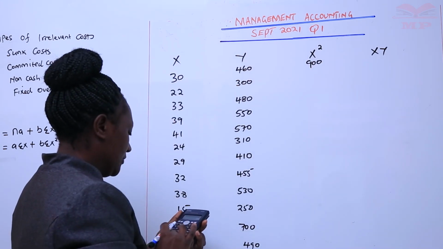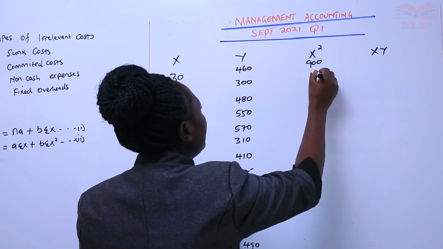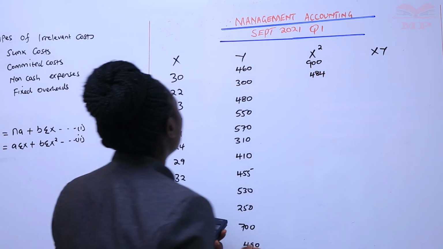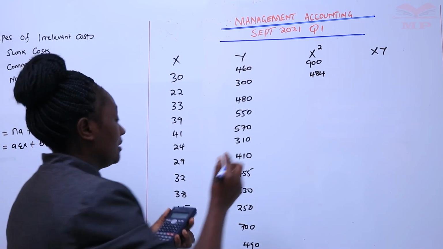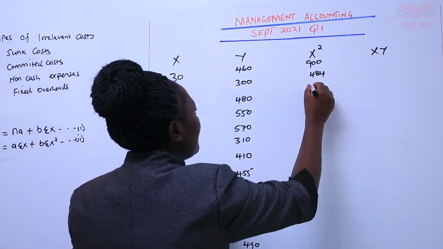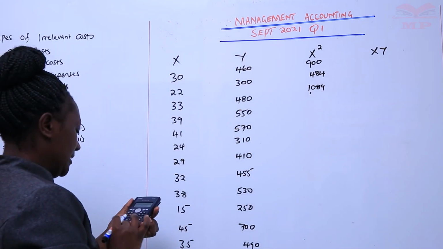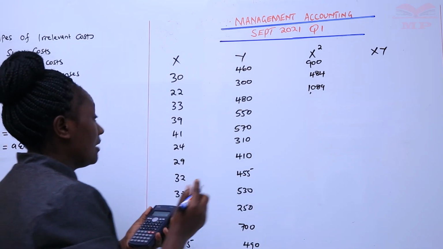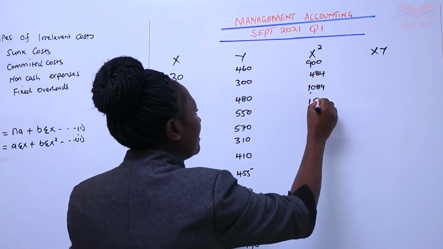Then we calculate 22 squared, which will give us 484. Then 33 squared gives us 1089. 39 squared will give us 1521.